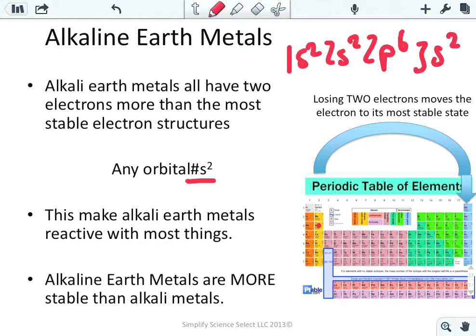What it does is it loses 2 electrons, and when it does that, it looks like a noble gas. It has 8 valence electrons now, and it's happy. This makes the alkaline earth metals react with most anything. They're a little more stable than the alkali metals, so they're not as highly reactive, but the best way they can look like a noble gas is to lose 2 electrons.